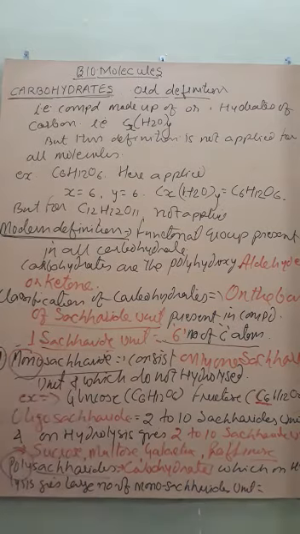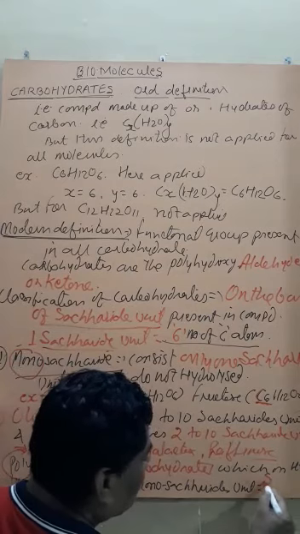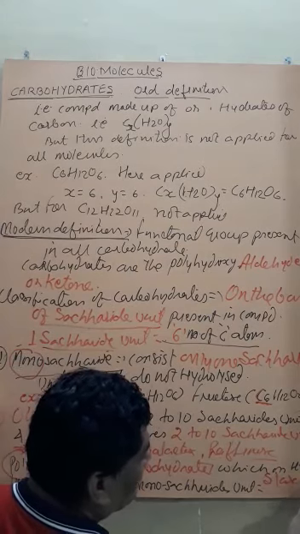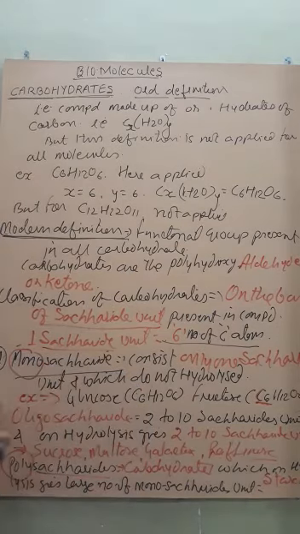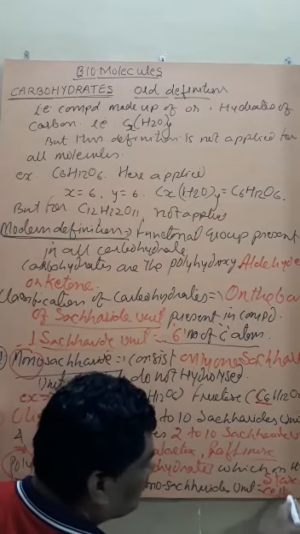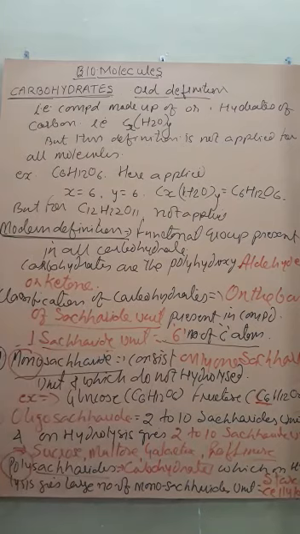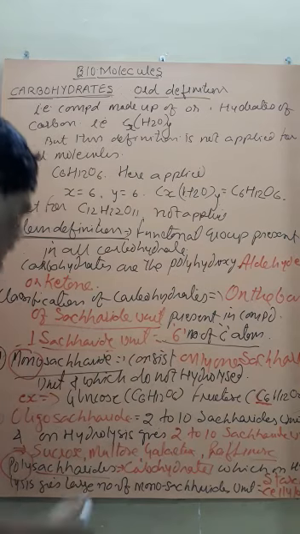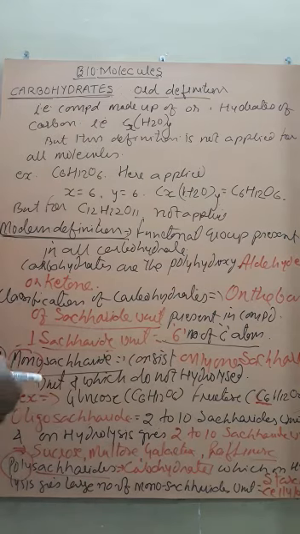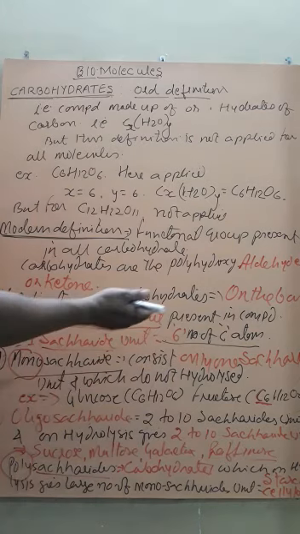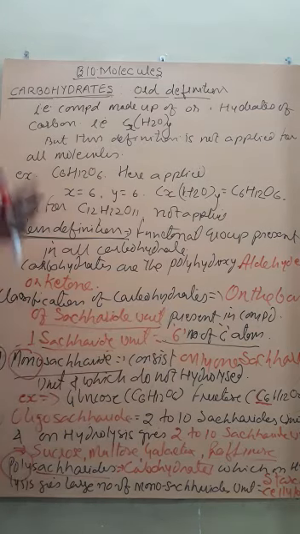Now what could be the example? Its examples are very important: starch, and one more, cellulose. So students, here you can clear that starch and cellulose are also carbohydrates. Like sucrose, which is called cane sugar, and maltose, galactose, glucose, fructose, all these are in the category of carbohydrates.